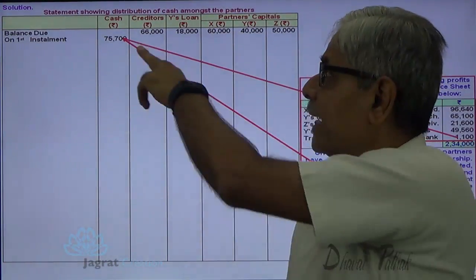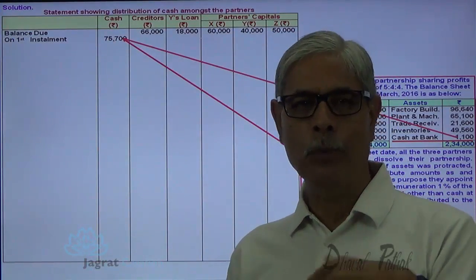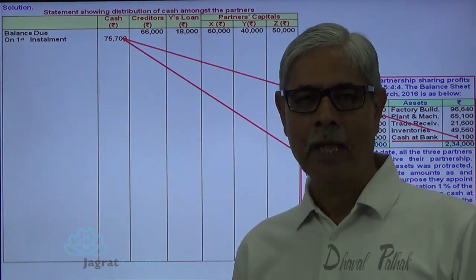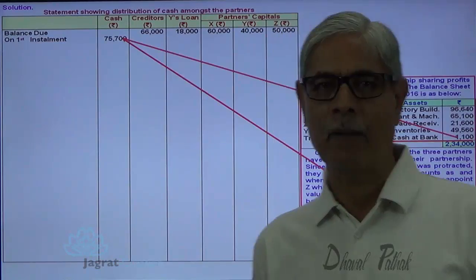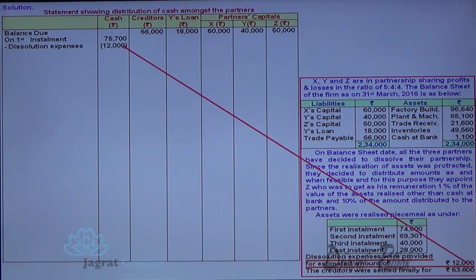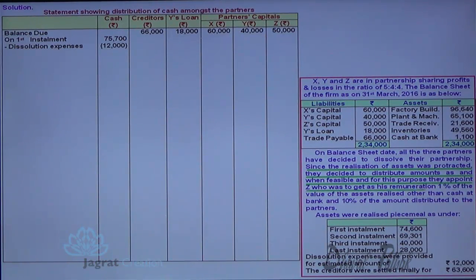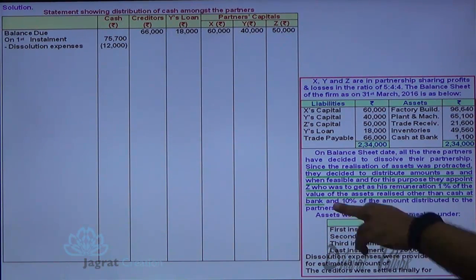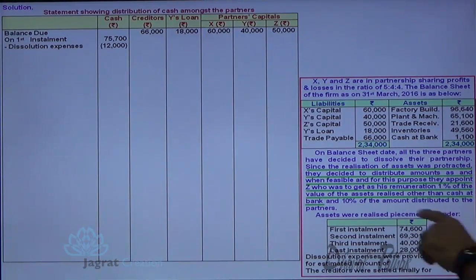Now out of this cash available for distribution, you should put aside first of all the amount required for dissolution expenses. So the estimated amount to be provided for dissolution expenses, 12,000, is to be deducted. Now you are required to pay remuneration to Z at the rate of 1% of the value of assets realized other than cash at bank.